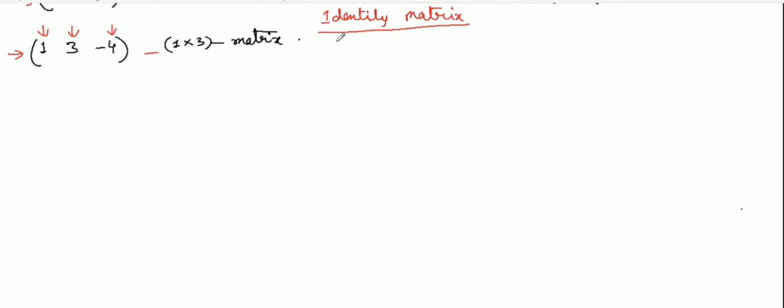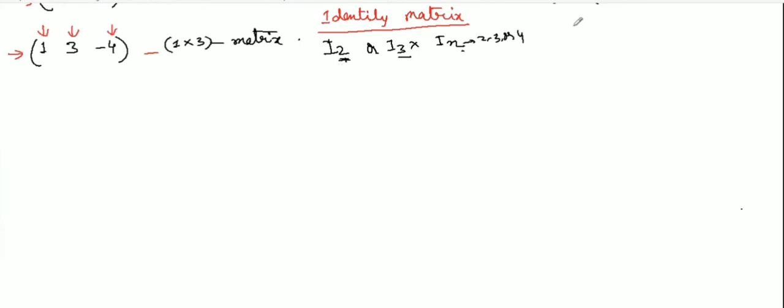We represent the identity matrix as I2 or I3, or you can say In. I2 means 2 rows and 2 columns. I3 means 3 rows and 3 columns. n means n rows and n columns, where we don't know what n will be. n can be anything: 2, 3, 4, anything.